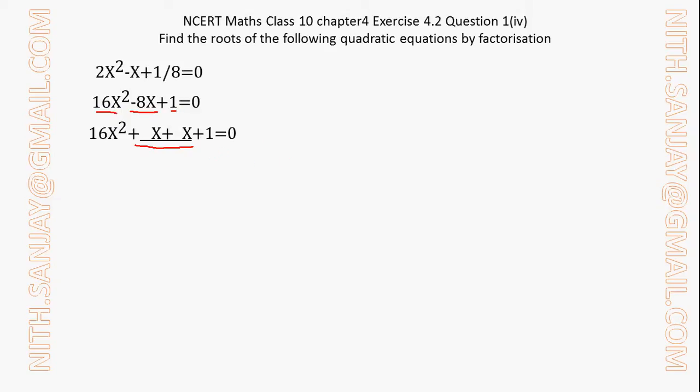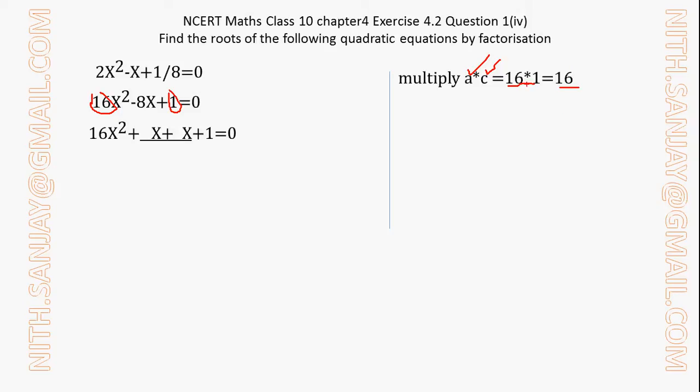So first of all we will multiply the coefficient of x square, which is a, and the constant term, which is c, so we will multiply both these terms, so we will get 16.